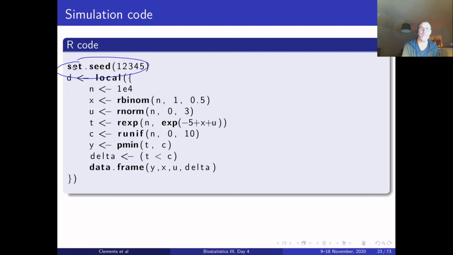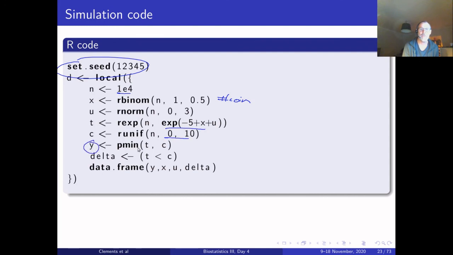So we set the random number seed. We do it for 10,000 individuals. We do a bunch of coin flips. Then this is normally distributed. Then this is constant hazard with this rate. And then this is uniform between 0 and 10.